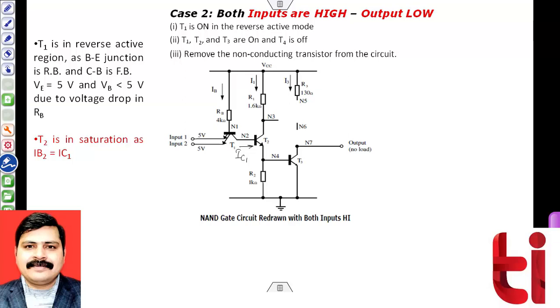And you can check now from here. Collector current of T1 is nothing but the base current of transistor T2. And now my base current is sufficient to drive this transistor T2 in saturation. And you can see that a portion of the emitter current of transistor T2 is driving my transistor T3.